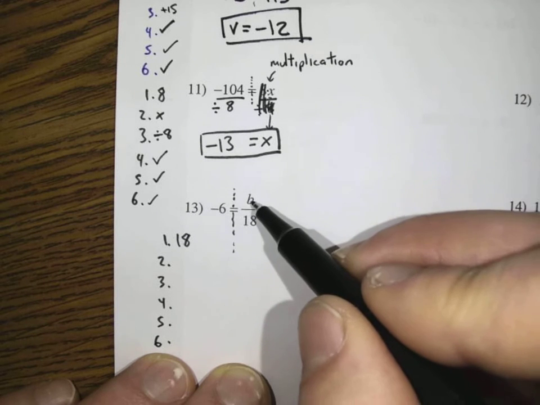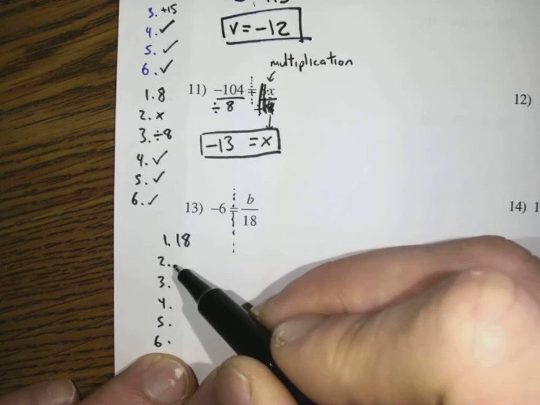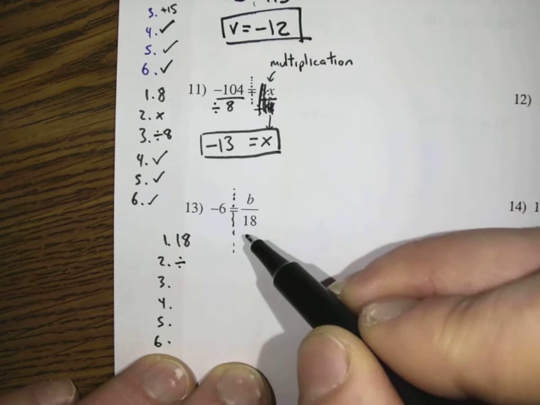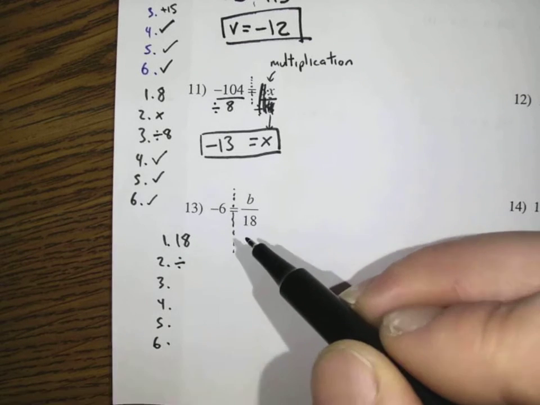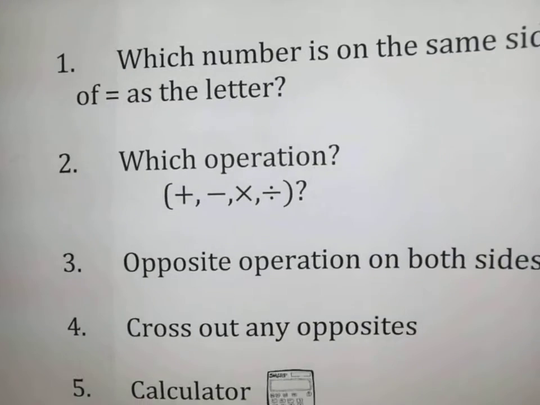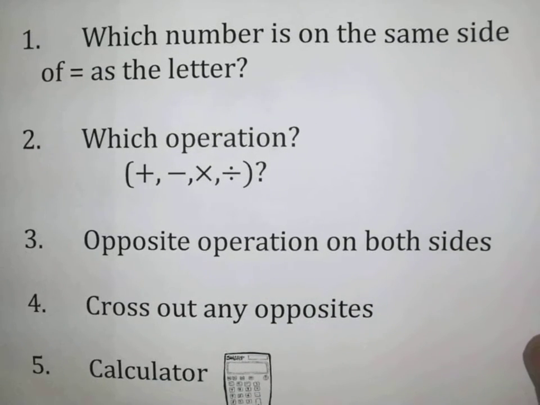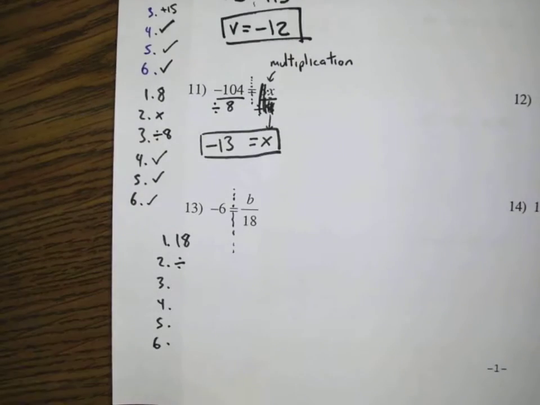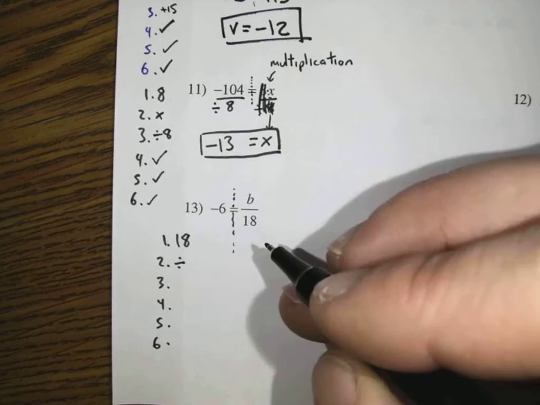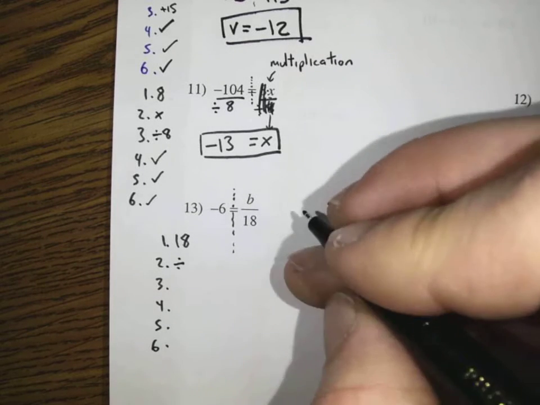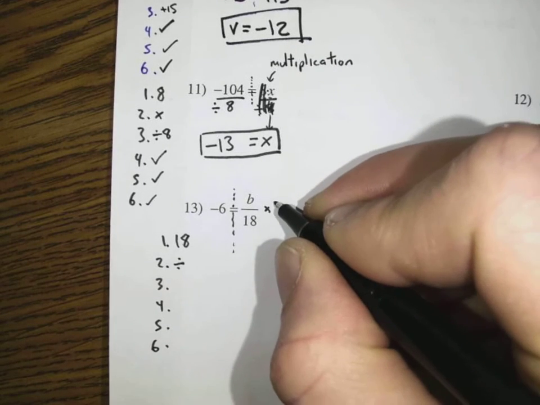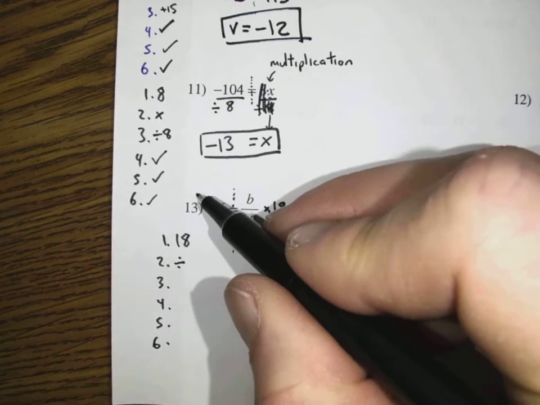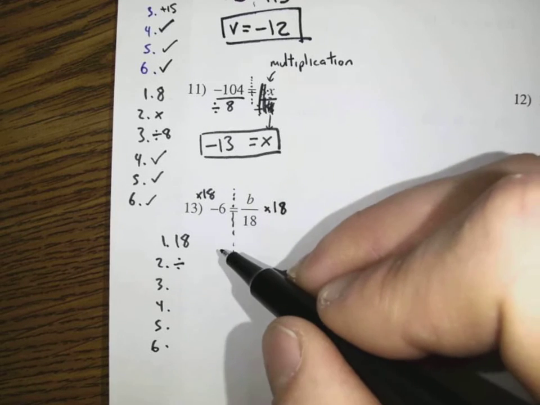What that really means is that B is being divided by 18. So it's a division question, dividing by 18. Now, what's the opposite operation that we're going to do on both sides of the equation? The opposite of dividing by 18 is multiplying by 18. So we're going to multiply by 18 on both sides of the equation.